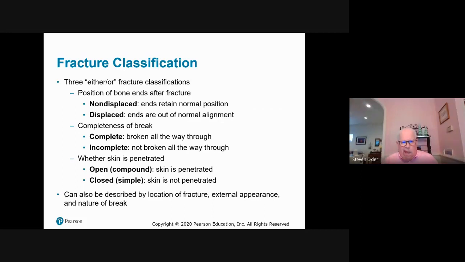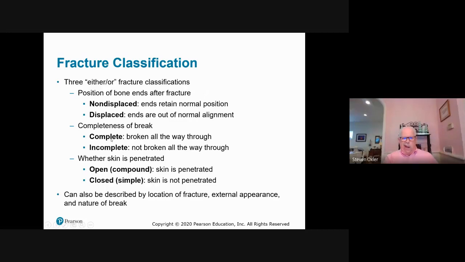There are multiple ways to describe fractures. We look at the ends of the bone and see where they are positioned. A non-displaced fracture has retained its normal position. A displaced fracture means the ends are out of normal alignment. That's the position of the bone. We also talk about the completeness of the break.